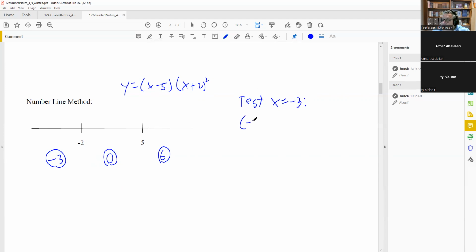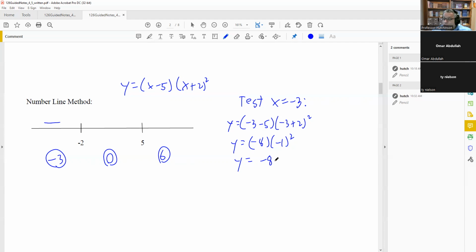If I do that, I get -3 minus 5, and I have -3 plus 2 squared, and I want to find the y value when I do that. So I get -8, and then times -1 squared. If I multiply that out, I get -8 times +1, so I get -8. That means that this region is negative.